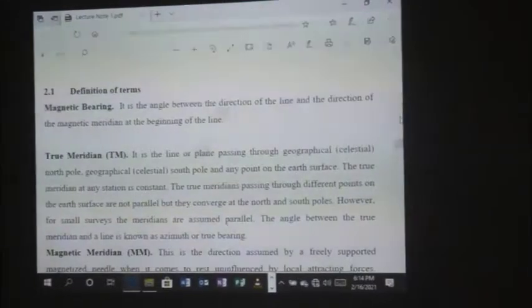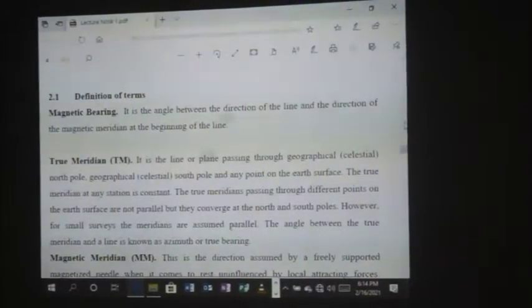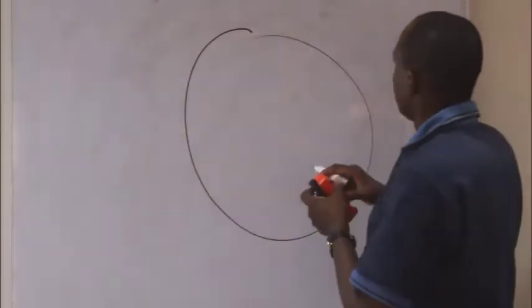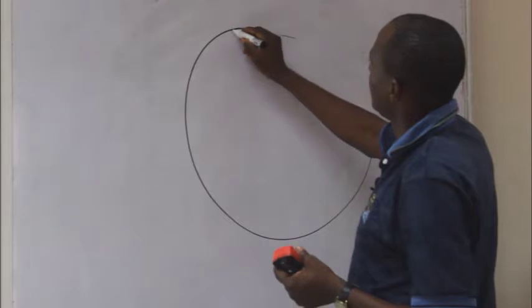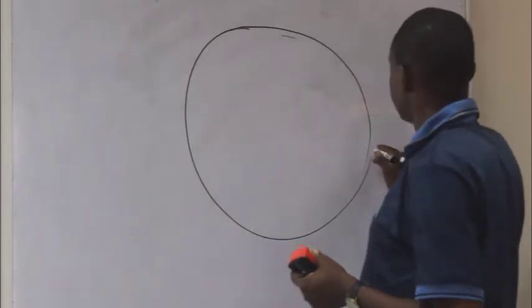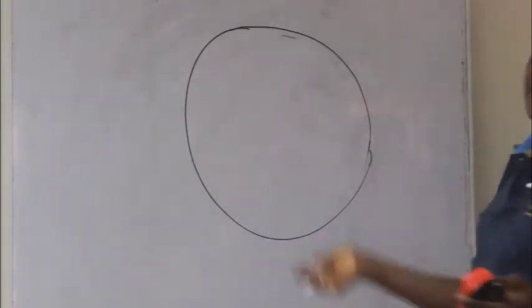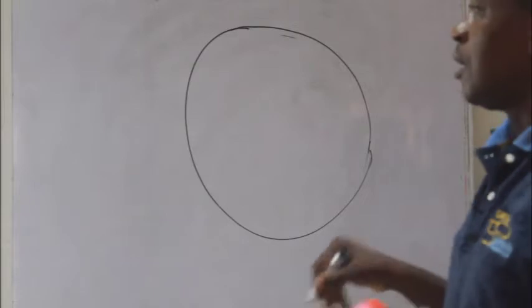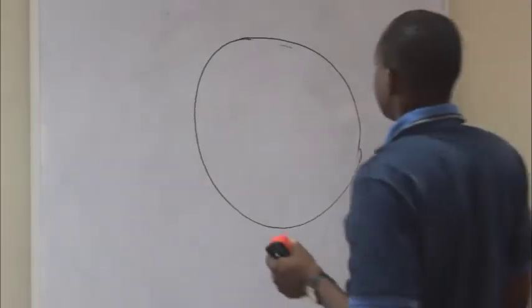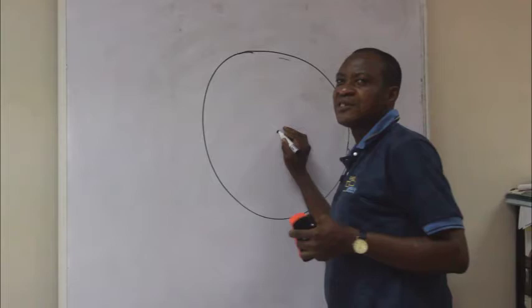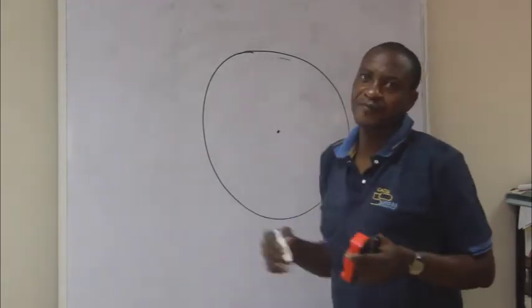What you are saying here is that you have a sphere. We have the celestial sphere, and we have the Earth. The Earth is at the center of the celestial sphere.